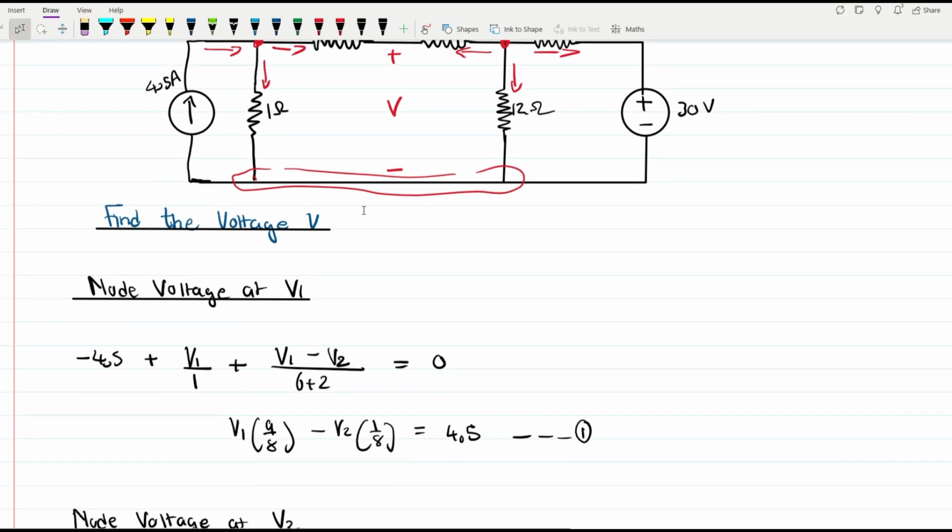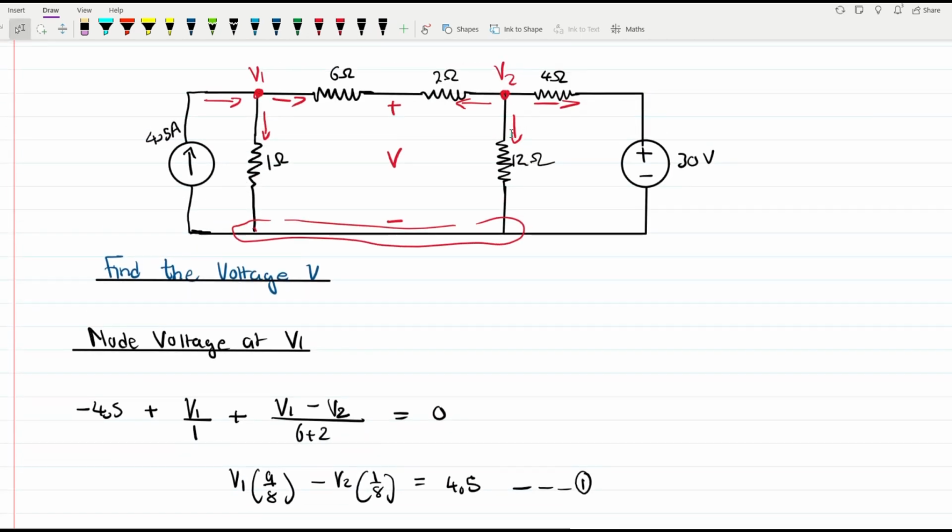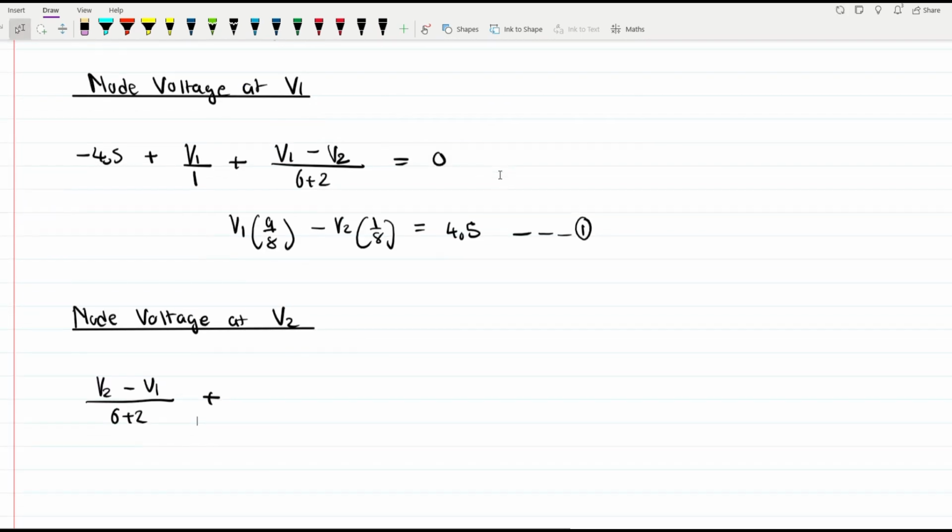So what we're going to do now is say V2 minus V1 divided by the sum of the resistors in between, which is 6 plus 2. And then we have another current that's going out, which is V2 over 12 ohm.